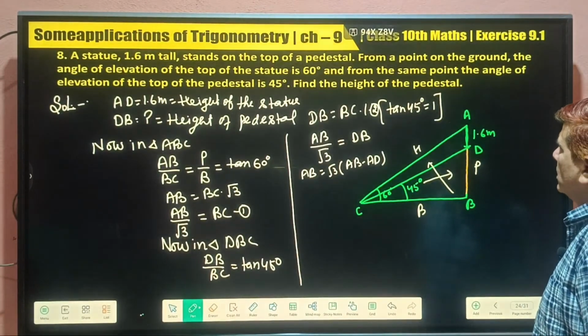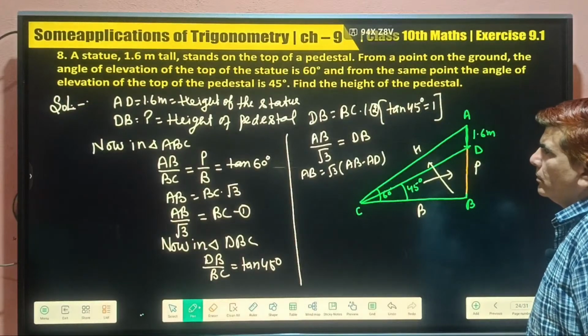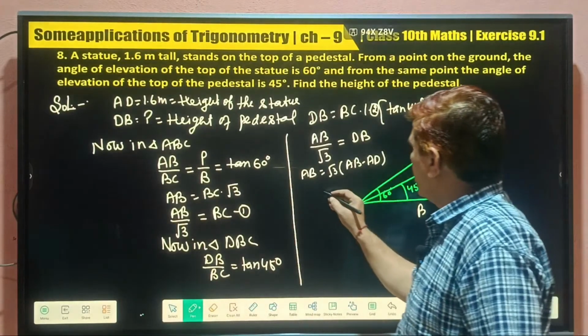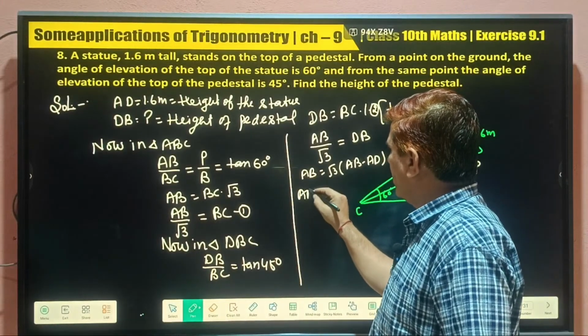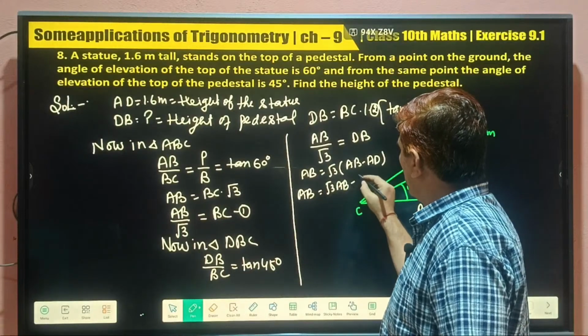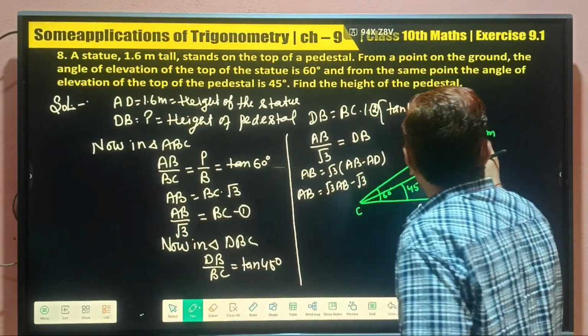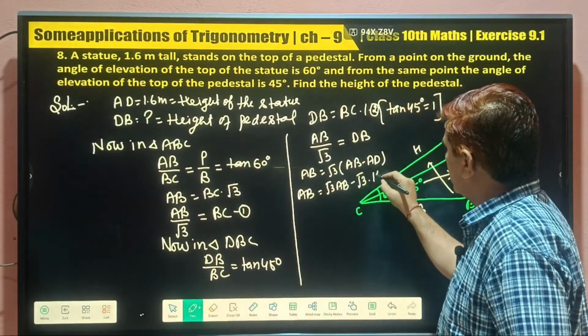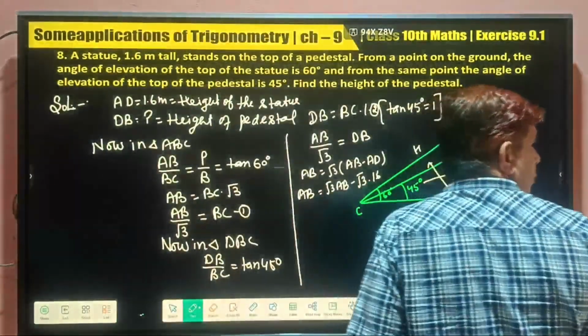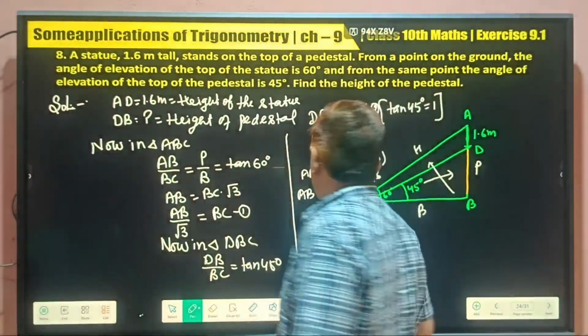So we can write AB equal to under root 3 AB minus under root 3 AD, AD equal to 1.6. Take this to that side.